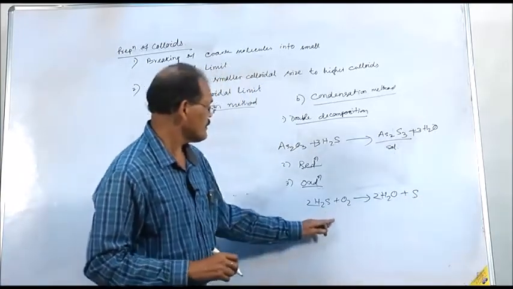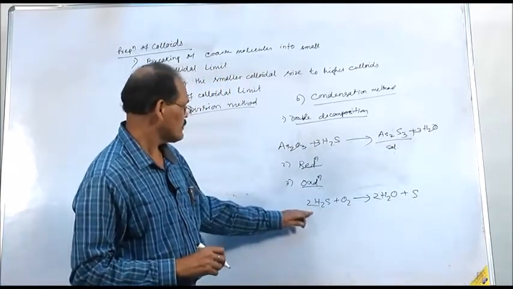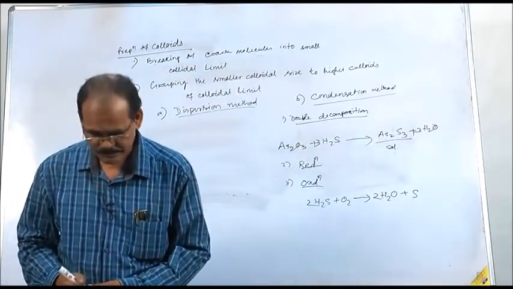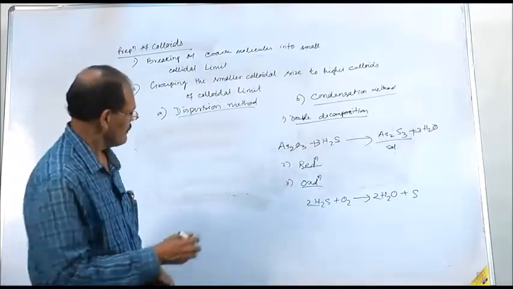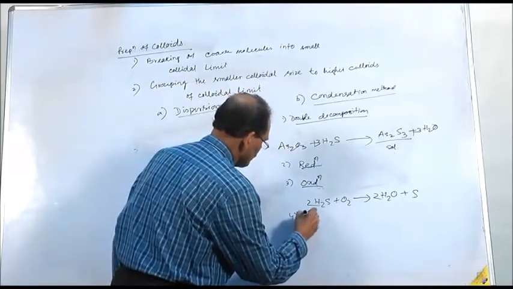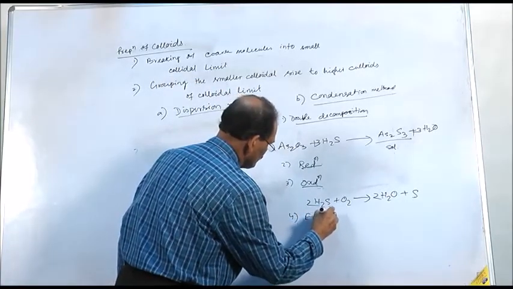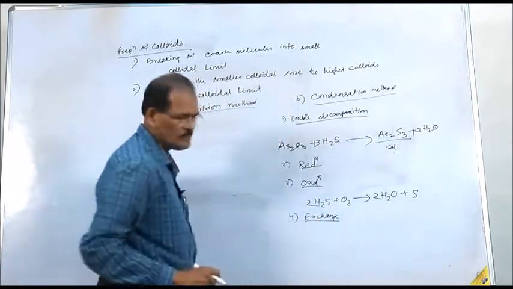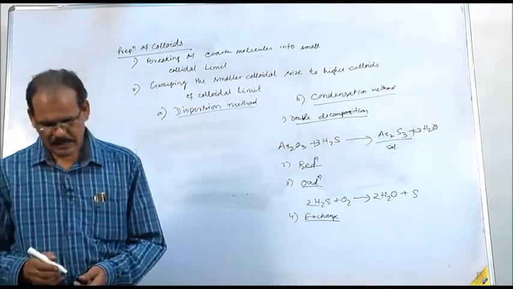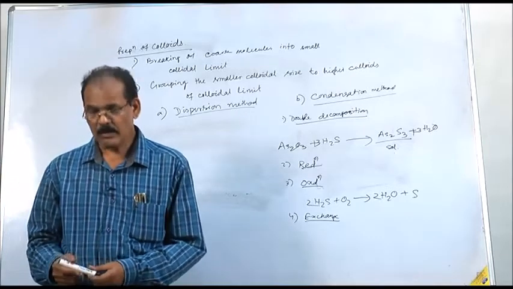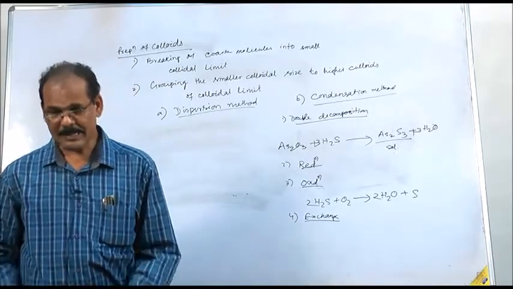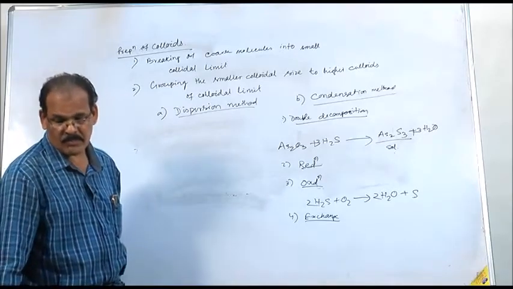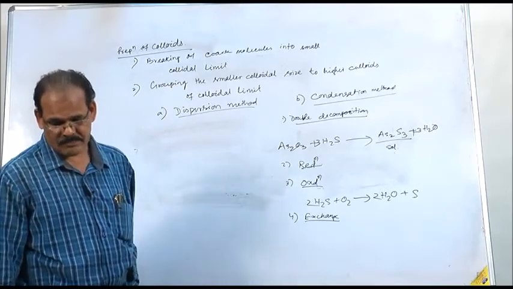So oxidation of hydrogen sulfide forms this sulfur sol or sulfur colloid. Then next is exchange method. In that case, if a solution of sulfur or phosphorus in alcohol is poured into water, a colloidal solution of sulfur or phosphorus is obtained.